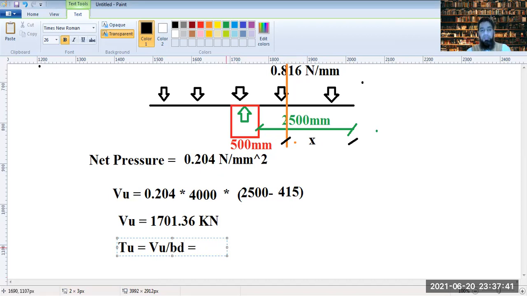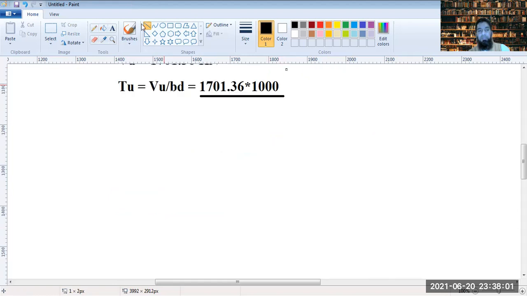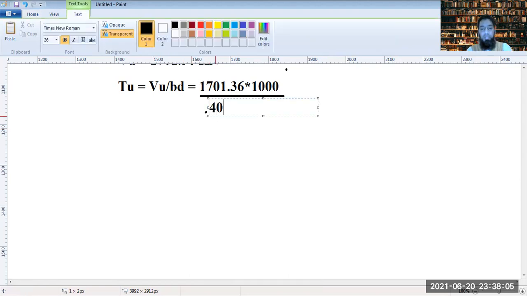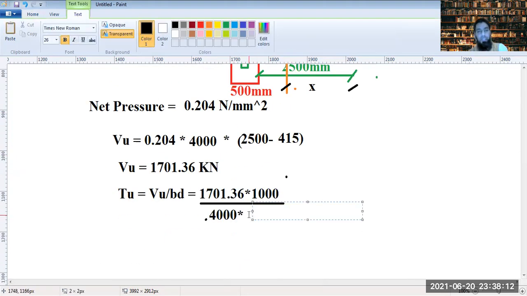So VU is 1701.36 into 10 raised to 3 divided by B. What is the value of B? That's 4000, right? So this value is 4000. D, that's small d along this direction, dx, that's 415.